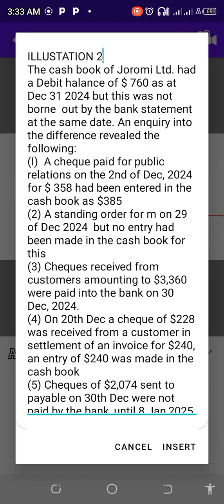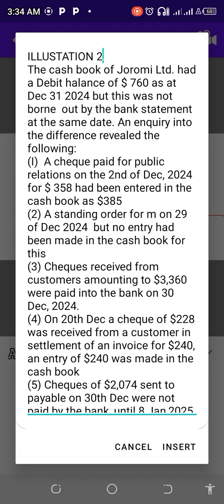1. A check paid for public relations on the 2nd of December 2024 for $358 had been entered in the cash book as $385. 2.